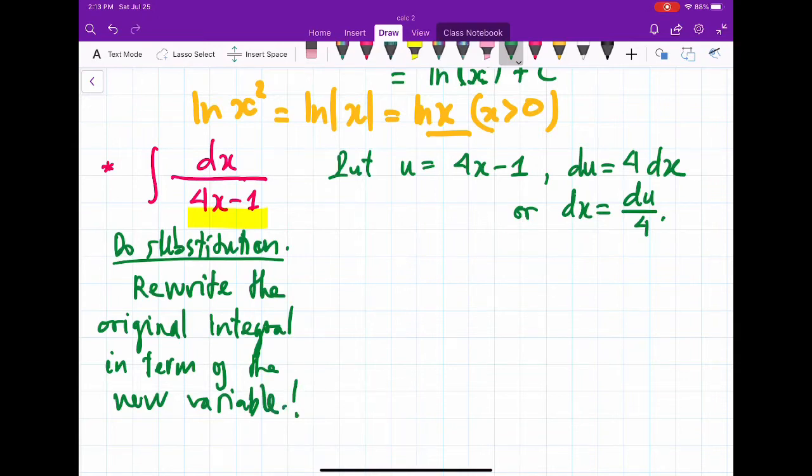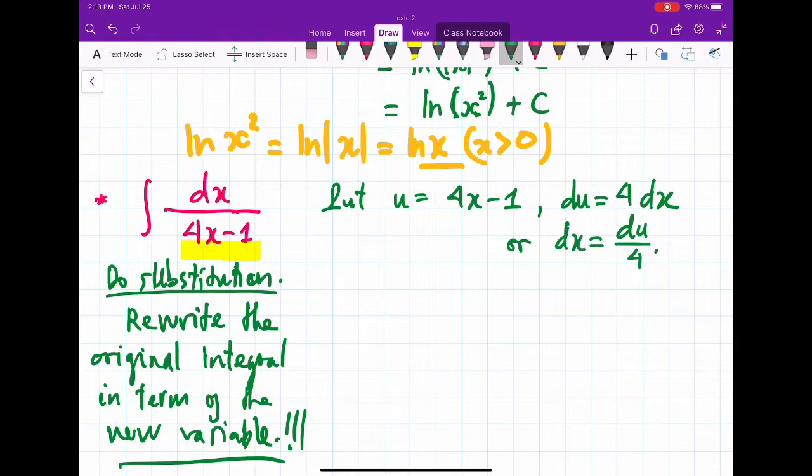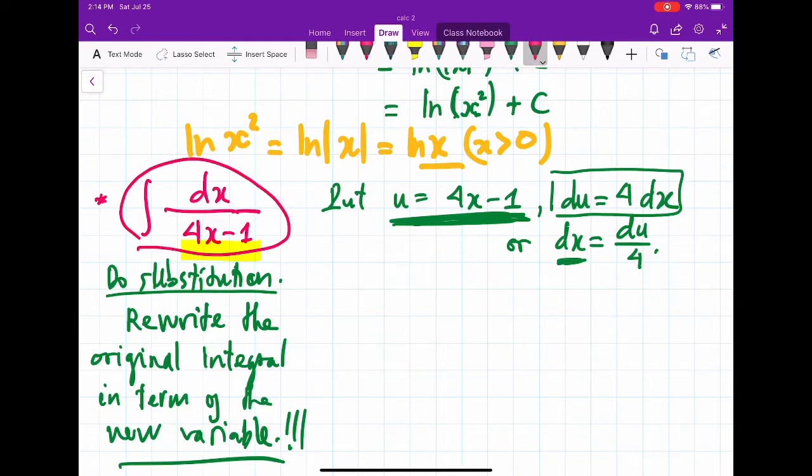Don't forget that. So once you already put u equal to 4x minus 1 right here, you need to rewrite everything. You need to express everything in terms of u. So that's why, once I took the differential in this case, I need to solve for dx. So right now I have all information. I need to rewrite this integral in terms of u.